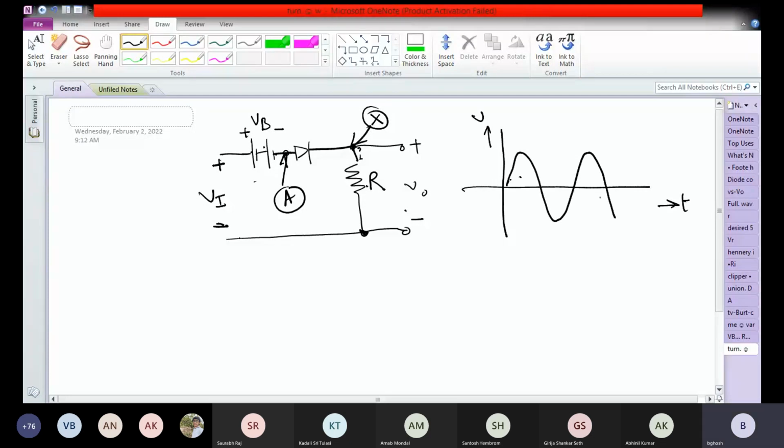Voltage at point A is VI minus VB. Again, the voltage at point A.